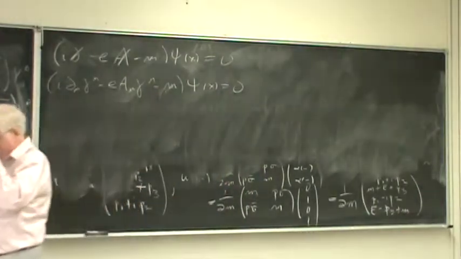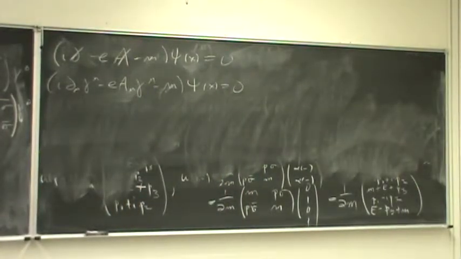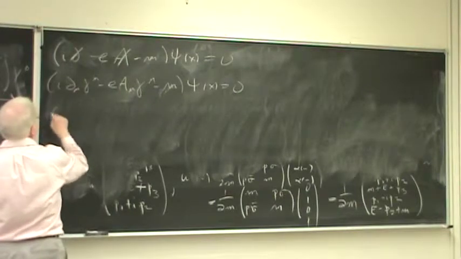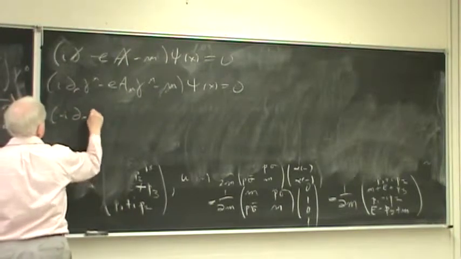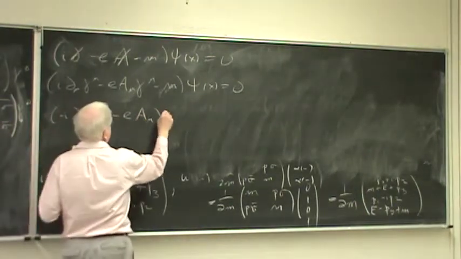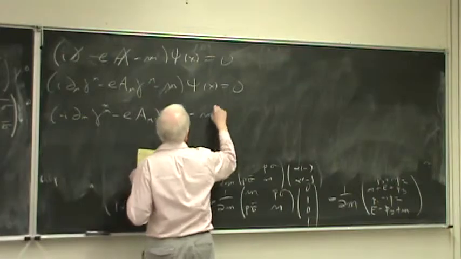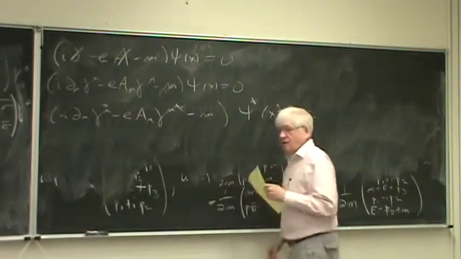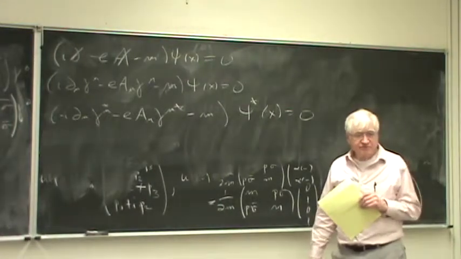Now, I'm going to do that star operation, which means I'm going to complex conjugate numbers and Hermitian conjugate operators, but I'm not going to transpose anything. And so what that gives me is (minus i ∂_mu gamma^mu star minus e A_mu gamma^mu star minus m) psi star of x equals 0. Okay? All right.